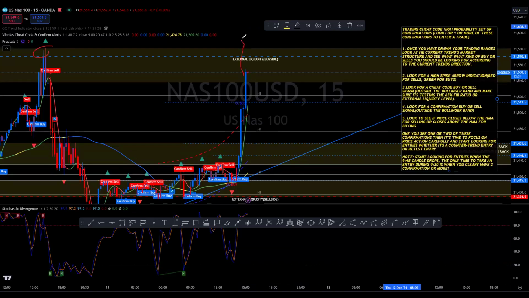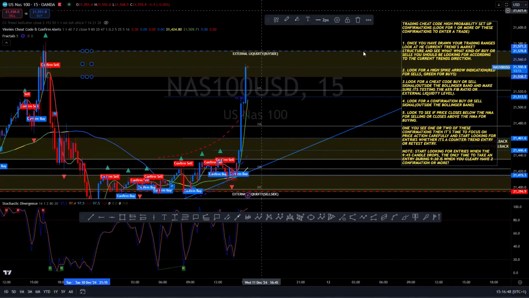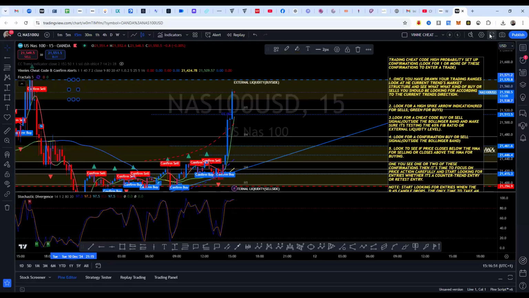So we're going to have to sweep out this liquidity, drive price back down, and then retest this area and go back down. That's what we would have to wait for, because a liquidity sweep is designed to wipe out retail traders. And once they're done wiping out retail traders, that's when they decide to go with the reversal.